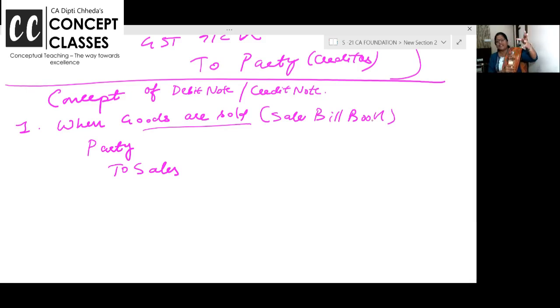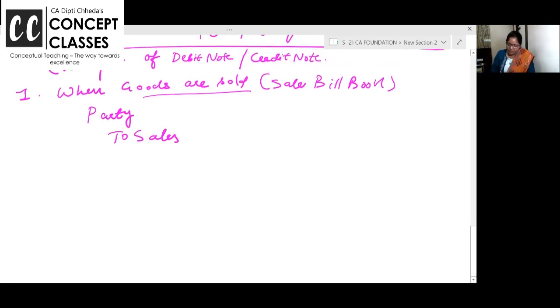If any of your friends don't know debit note, credit note, you can explain them. Party to sales. Now, when you sold the goods, what was the source document? Sale bill.